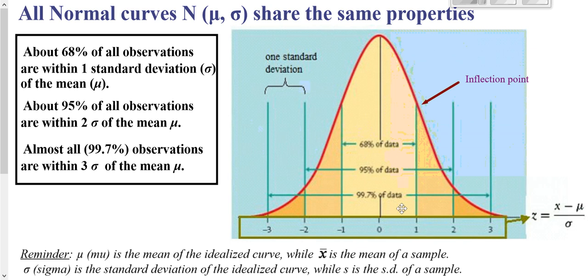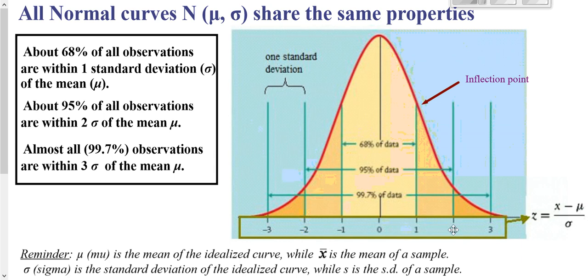Now, if you go one standard deviation on each side of your mean, so if your mean is 0, you go one standard deviation to the right, one standard deviation to the left, that contains 68% of your data. Because remember, everything underneath your curve here ends up being 1. Now, if you go 2 standard deviations to the right and 2 to the left, that's 95% of your data.